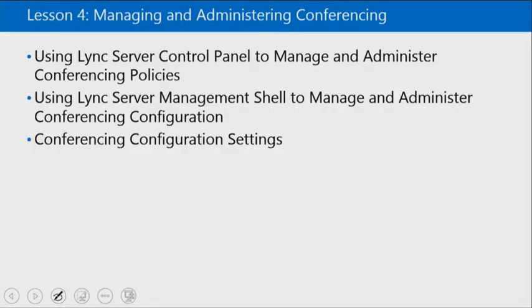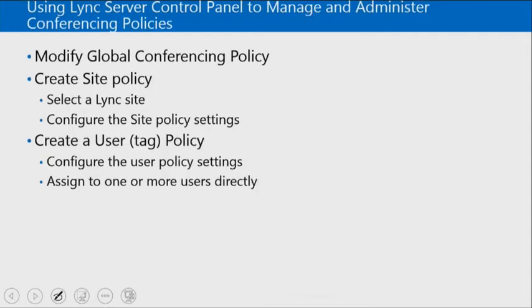So last and certainly not least is talking about what the different options are for how you can manage and administer these different policies. And the idea is you're best off managing your global conferencing policy and configuring a restricted set of settings that you want to apply to everyone no matter where they are.